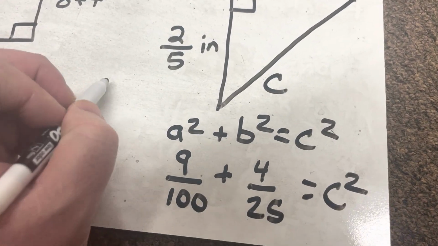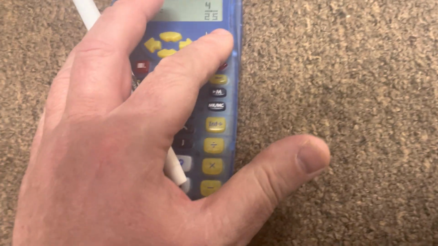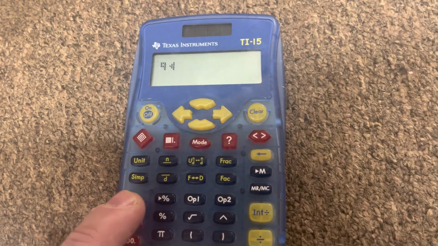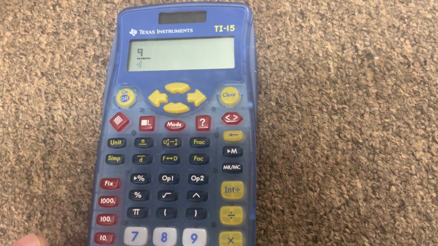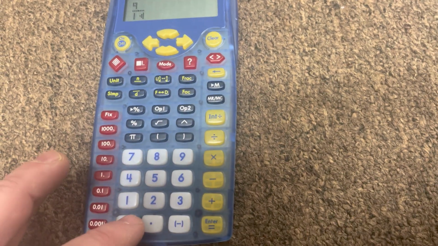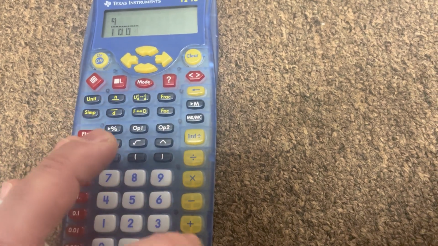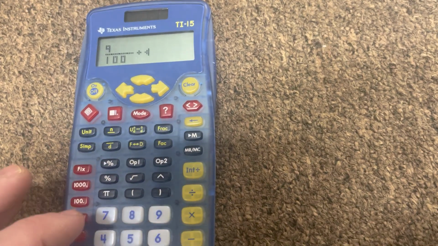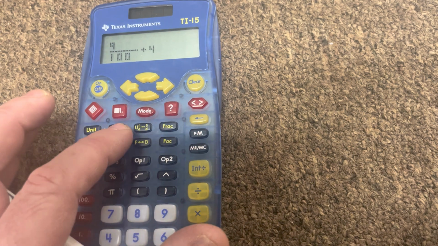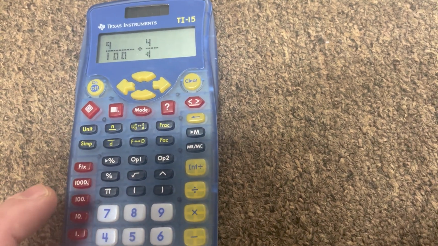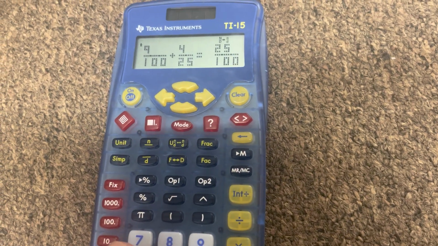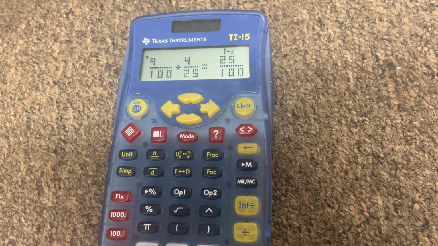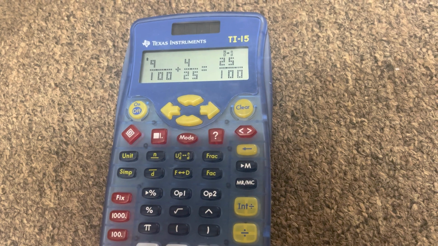Now we're going to add those together. So we're going to come back here. We're going to clear this again. So we're going to take 9 over 100 plus 4 over 25. So we're going to go 9, numerator, 100. And we're going to add that to 4, numerator, over 25, and all that equals 25 over 100, okay?